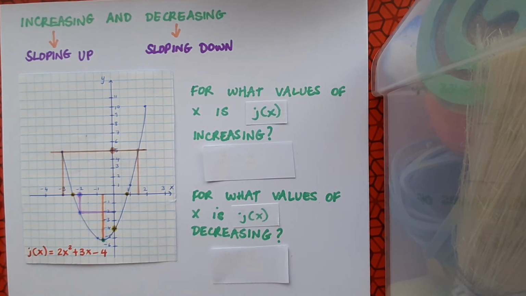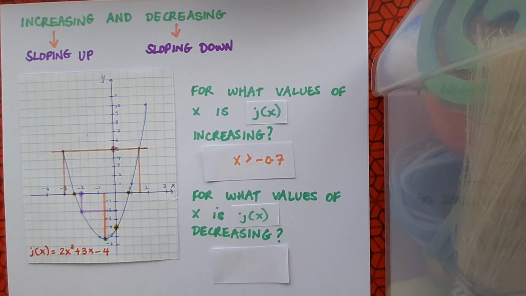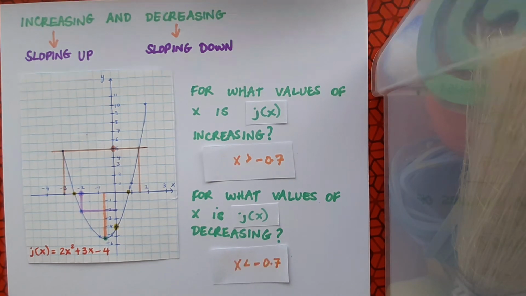Use a ruler. Now I'm going to look at the value that I'm landing at. I'm going to say that's about minus 0.7. The function is increasing after this, to the right of this line, so x is greater than minus 0.7. And the function is decreasing, sloping down before this line, so x is less than minus 0.7 for that part of the answer.